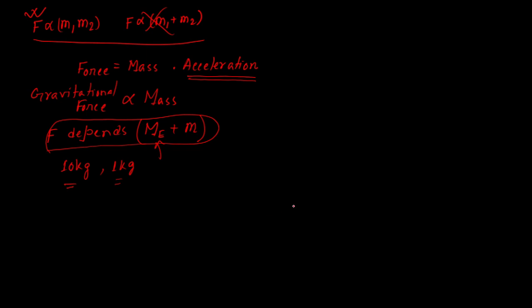If we assume that F is proportional to the mass of the earth and the mass of the object, then when we calculate the acceleration of that object, it becomes independent of its own mass.